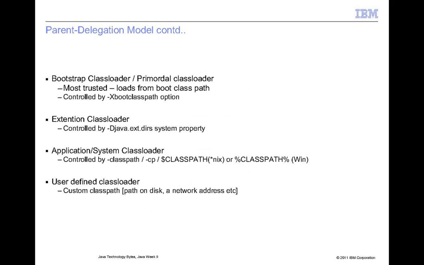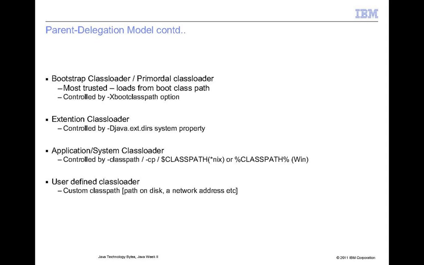The bootstrap class loader will load classes from what is called the boot class path. So this is basically the Java home /jre/lib/ jars that come under this folder. You control your boot class path by the -Xbootclasspath option on the IBM JVM.